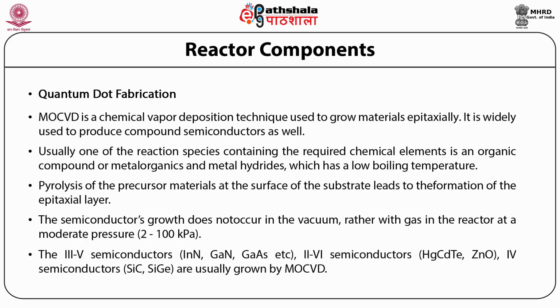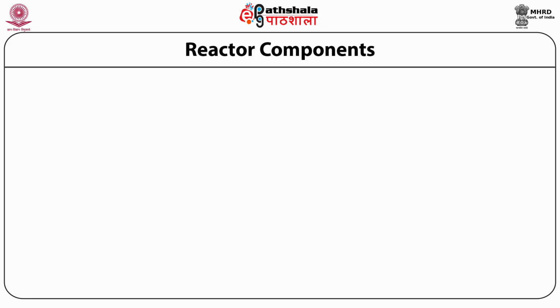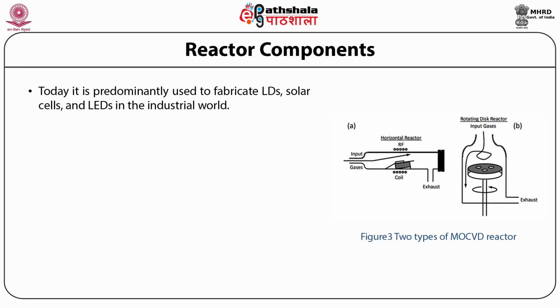The third-fifth semiconductors, indium nitride, gallium nitride, gallium arsenide, etc., second-sixth semiconductors like mercury cadmium telluride or zinc oxide, or fourth semiconductors like silicon carbide or silicon germanium are usually grown by MOCVD. Today it is predominantly used to fabricate solar cells and LEDs in the industrial world.